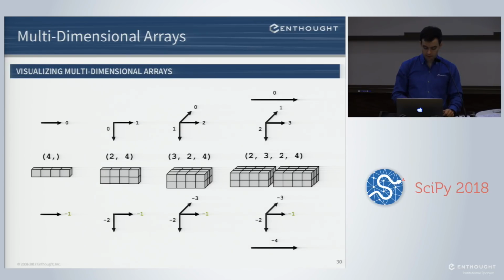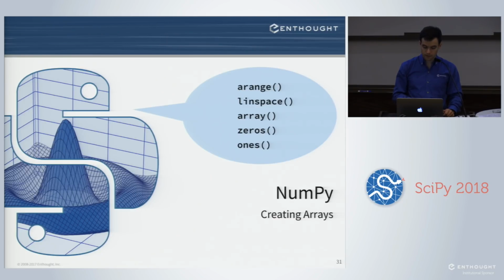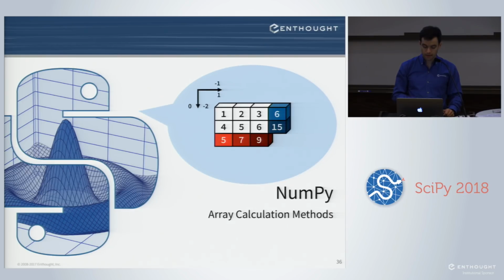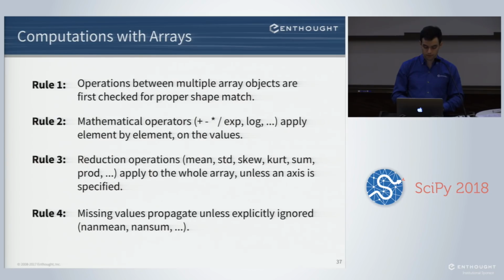So if you're following along, I'll jump to page 37. There's a section in here about creating arrays. I'll jump over this for now. I think having a human walk you through it is less important than having a human walk you through how calculation works. So on page 37 here, we have rules for computations with arrays or between arrays.